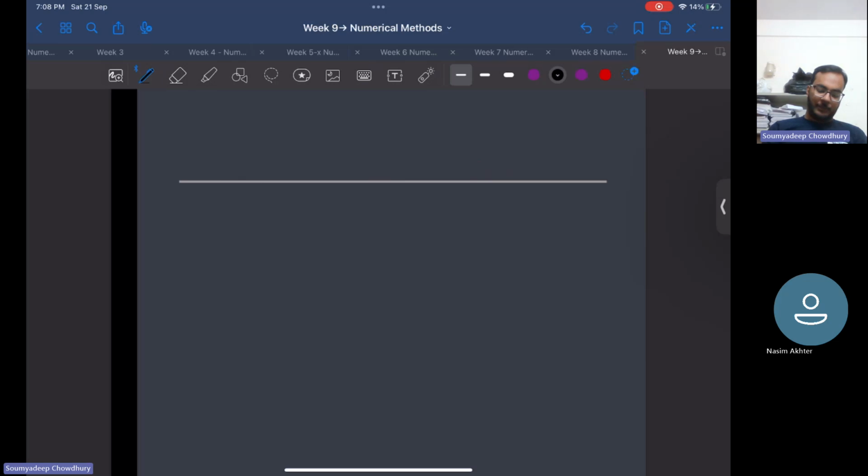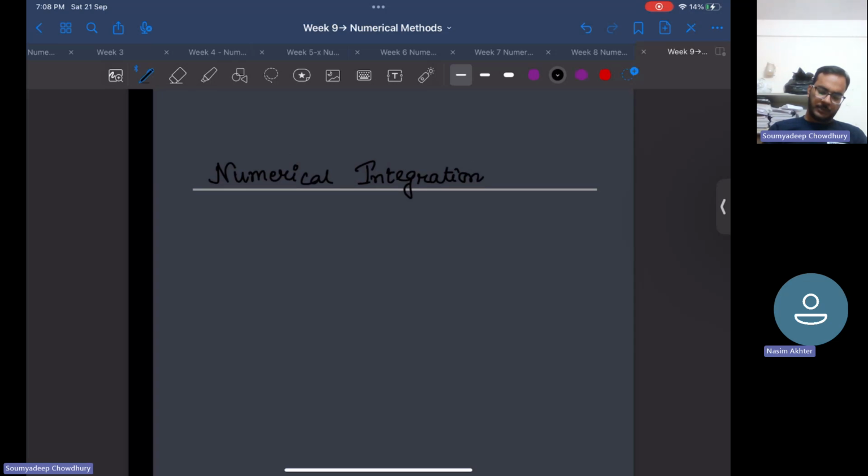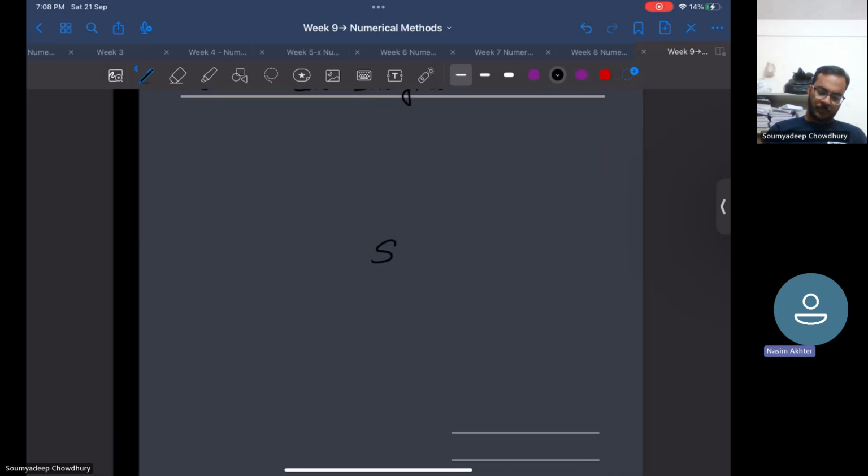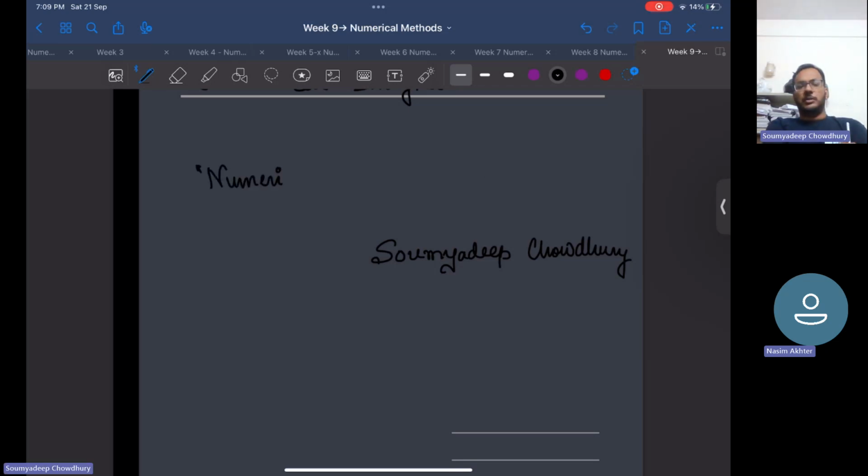Any doubts from the previous class, Nasim? I don't have any doubt, but I wanted to ask: when we are calculating the numerical values using the forward method or central difference, if the step size is very small, of the order of 10 raised to the power minus 4 or minus 5, do we have to take the value of the function up to 7-8 decimal places? No, that will be mentioned in the question.